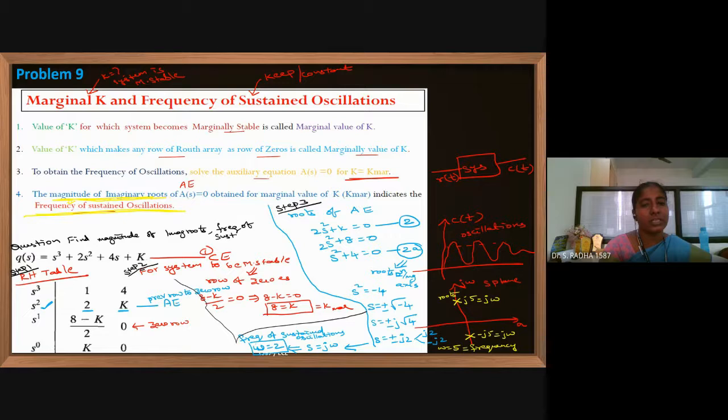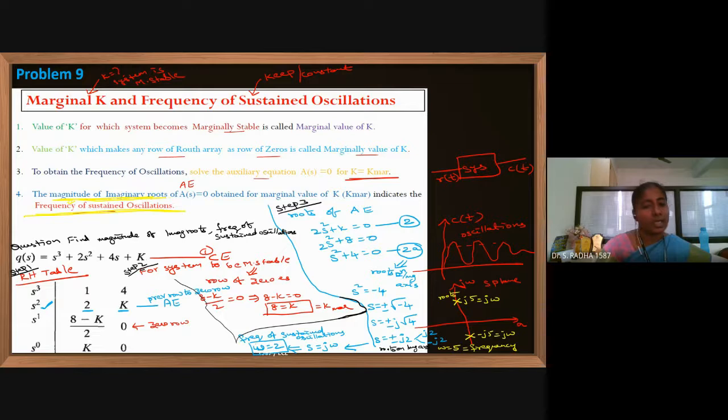This is our actual question. So in step number 3, we are finding the roots on the imaginary axis. And then from that, we are calculating the value of omega. And that omega is called the frequency of sustained oscillation.